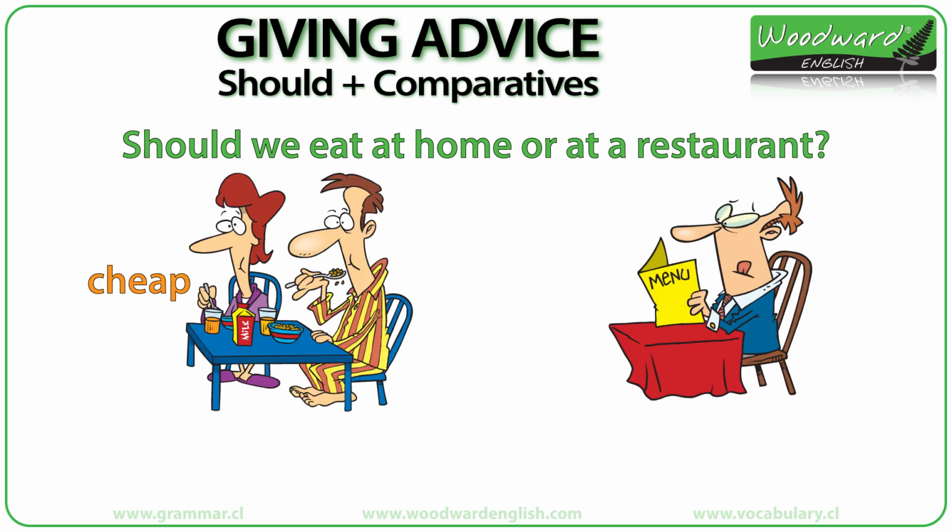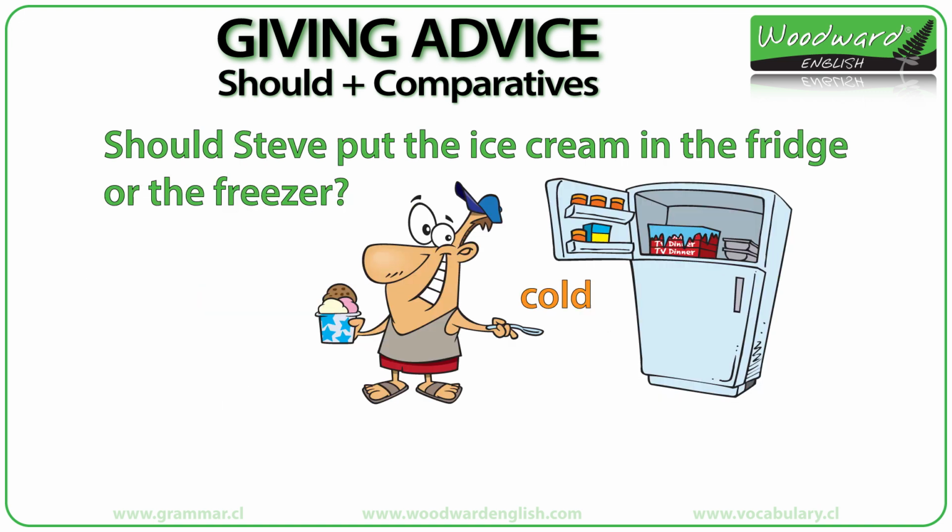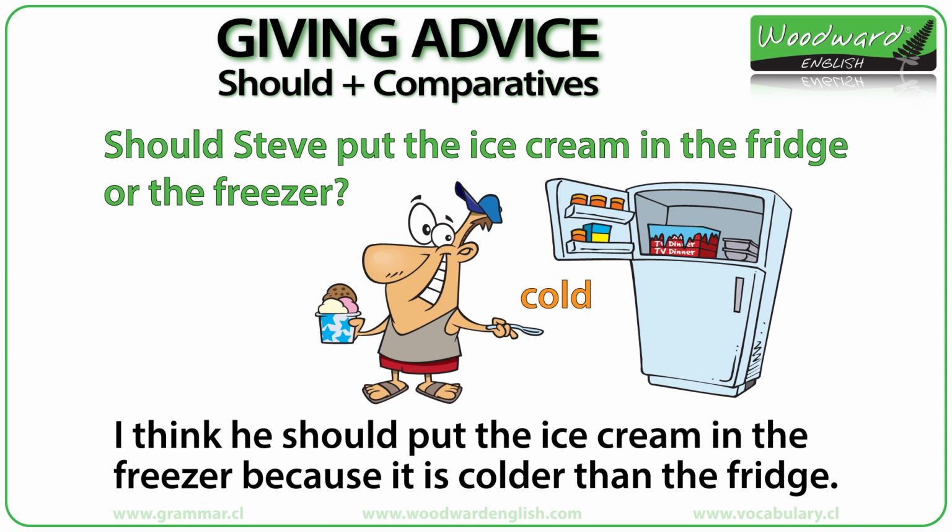Should we eat at home or at a restaurant? I think we should eat at home because it is cheaper than at a restaurant. Should Steve put the ice cream in the fridge or the freezer? I think he should put the ice cream in the freezer because it is colder than the fridge.